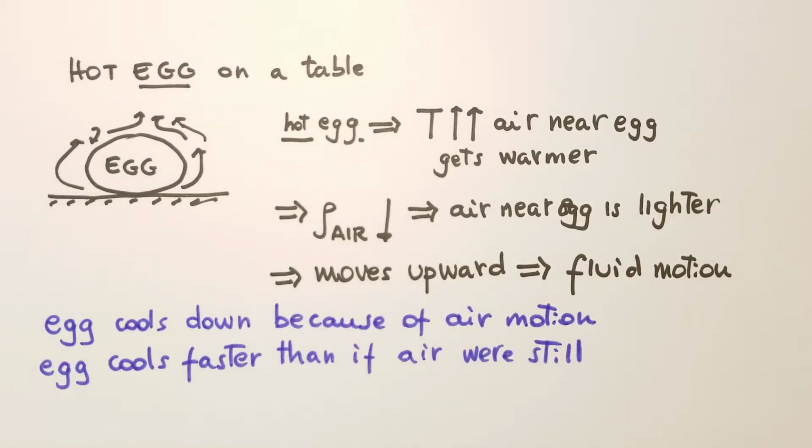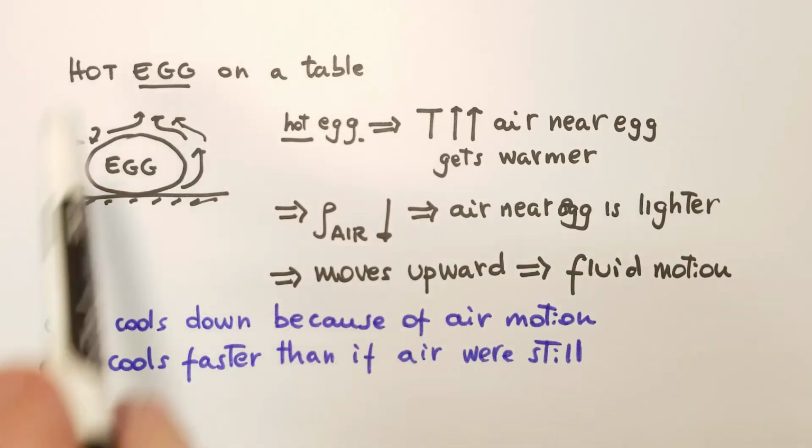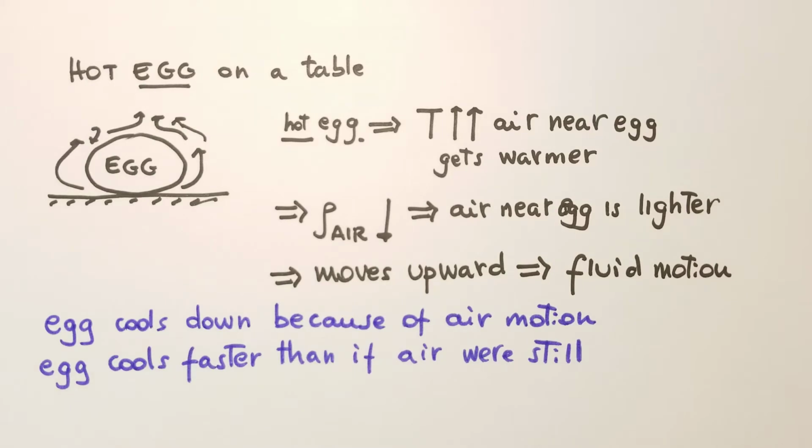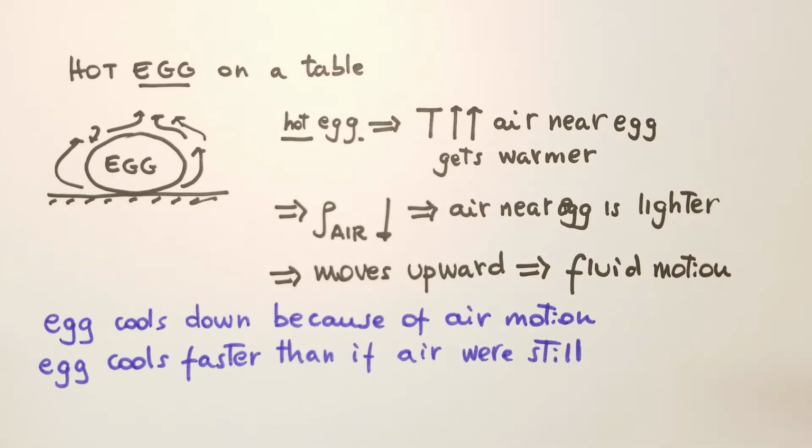And by continuity, the colder air at a larger distance from the egg will move down. Therefore, there is an induced fluid motion, and the egg cools down because of the air motion, but it cools faster than if the air were still.